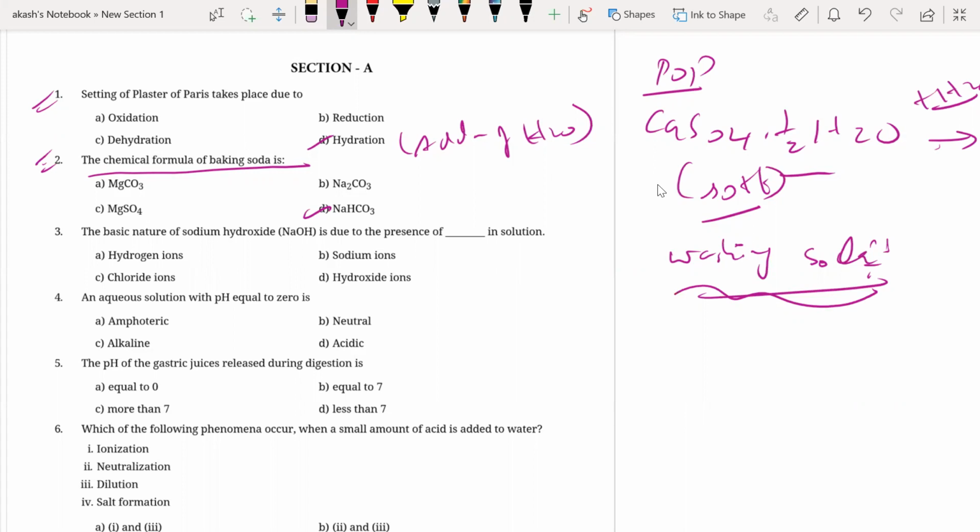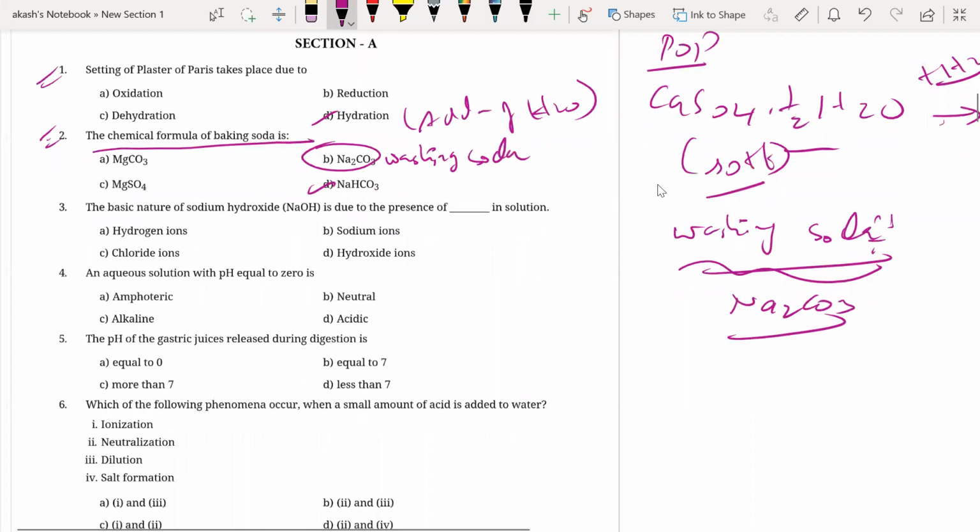We discussed in class, washing soda, baking soda, all that. Okay, so washing soda is Na2CO3. This is washing soda. Anyways, next question.